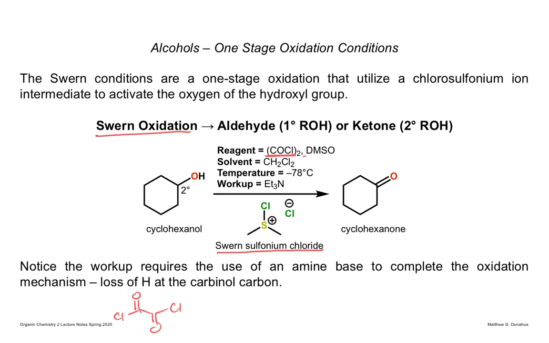And then you use DMSO, dimethyl sulfoxide. And that step has to be done at -78, so that's a cryogenic temperature. Those two things will react to form that sulfonium chloride.